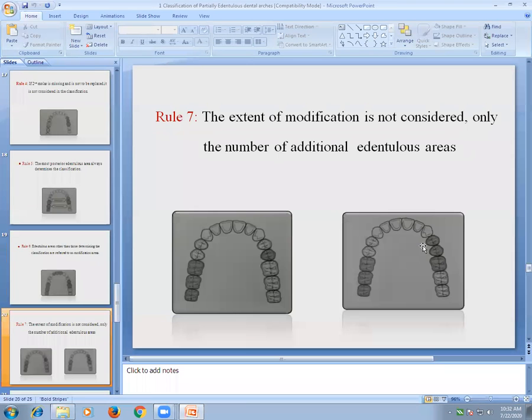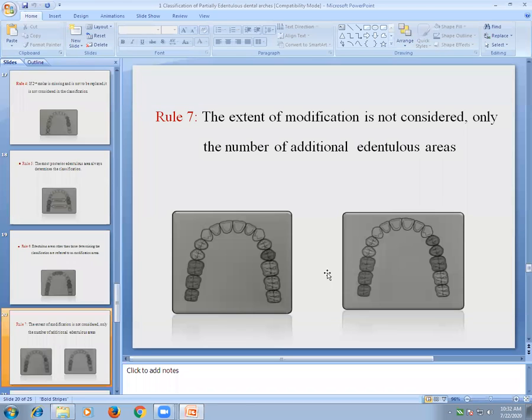Now coming to rule number 7, also an important rule: the extent of the modification is not considered. That means whether one tooth is missing, two teeth, or three teeth are missing, it's not considered. Only the number of additional edentulous areas is considered.